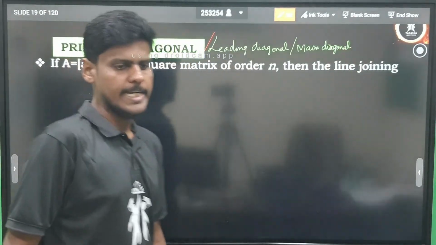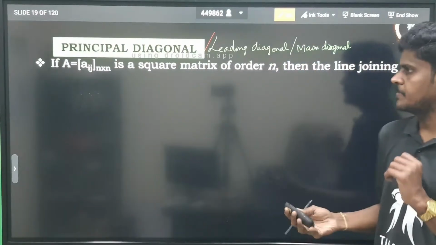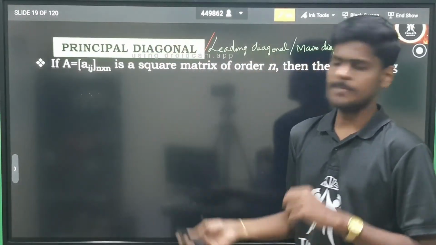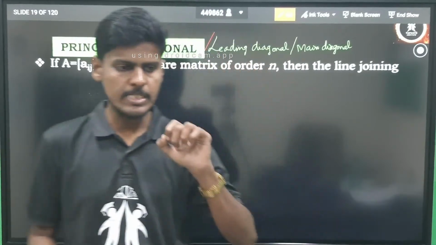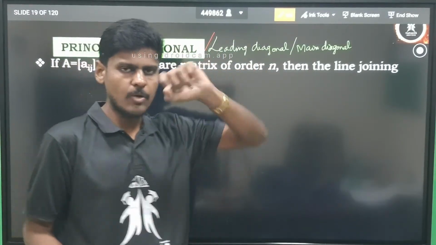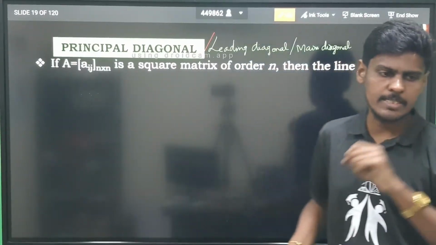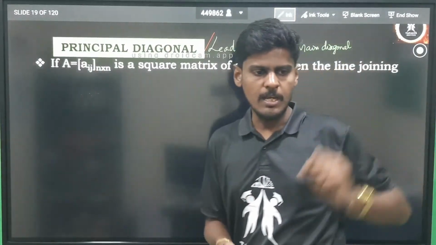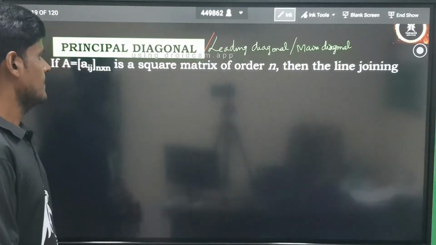Principal diagonal, leading diagonal or main diagonal, all these are representing the same thing. So what is a principal diagonal? It is nothing but the elements that have i equal to j. That is, the row number and column number are the same. Elements of such types are called principal diagonal elements.